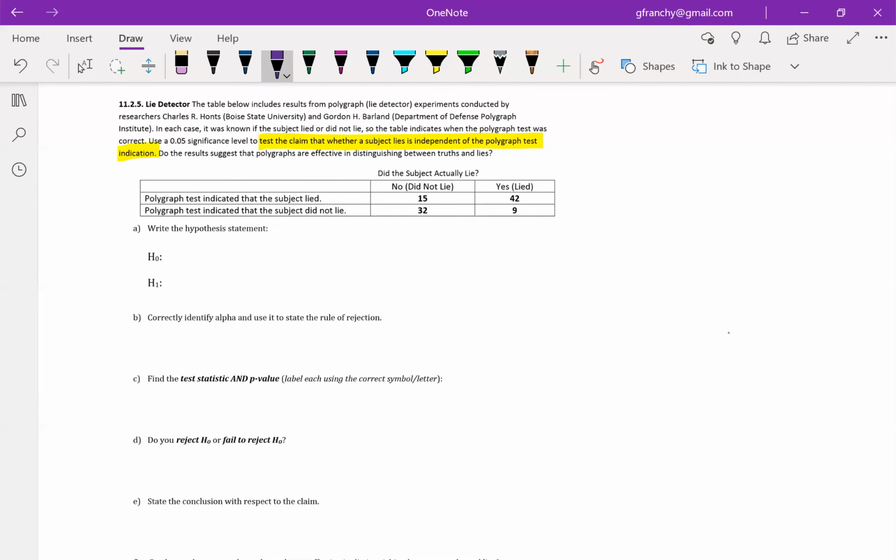The alternate is they're not independent of each other. So I'm going to call this: polygraph result and truth are independent.